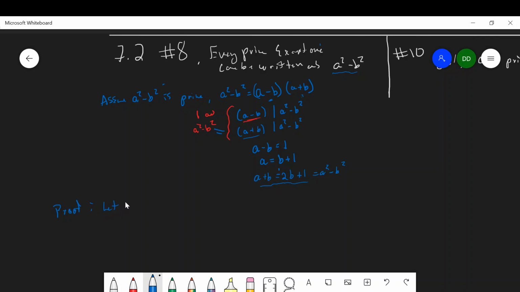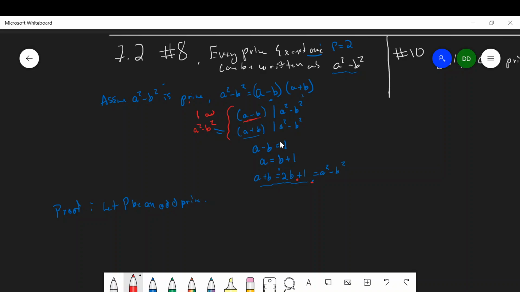Let p be a prime. And I'm actually going to let it be an odd prime. So what I'm doing here is I'm claiming that the 1 here is 2, when p is 2. I won't be able to do it because what I showed down here was that if I can write a squared minus b squared as a prime, then we must have that a squared minus b squared is odd.